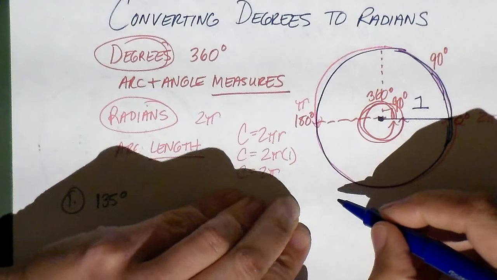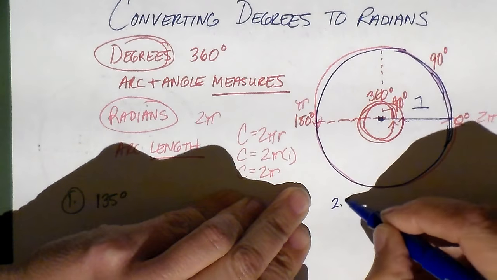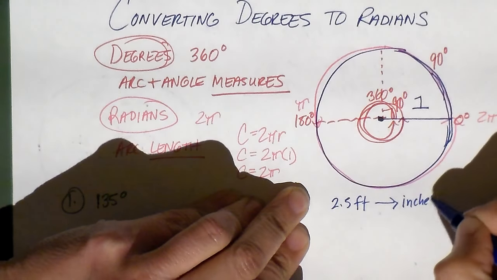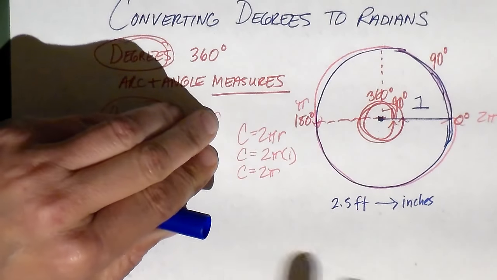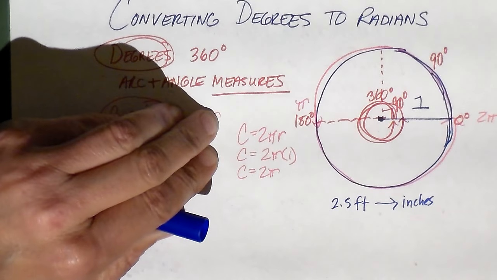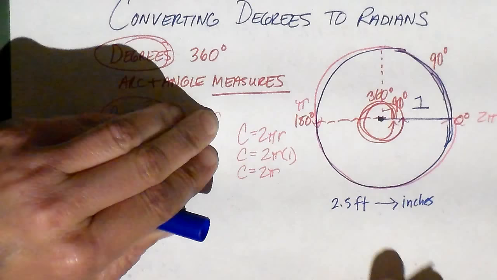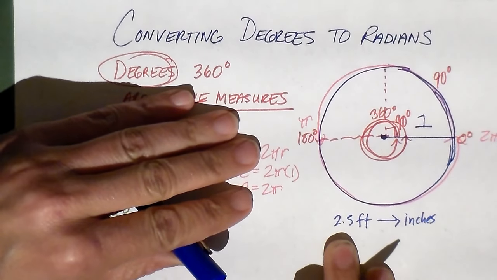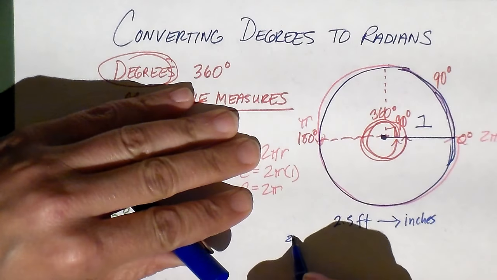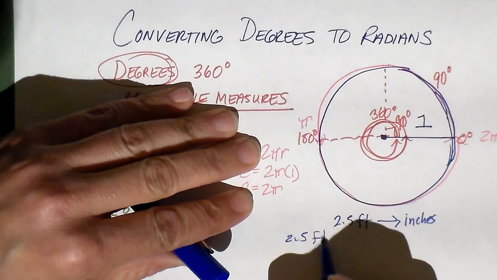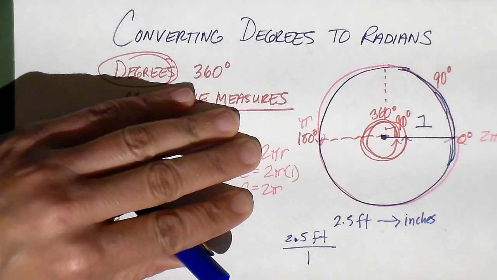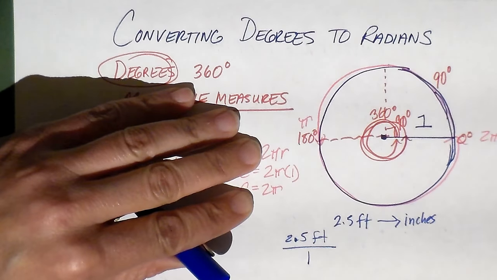But let's say you have 2.5 feet and you want to convert that to inches. I'm just showing you what we're doing here, but using a different context. This is basic conversions that you learn usually in science when you're doing scientific conversions. If I asked you guys how many inches are in 2.5 feet, most of you would say, oh, that's easy, 2.5 times 12.